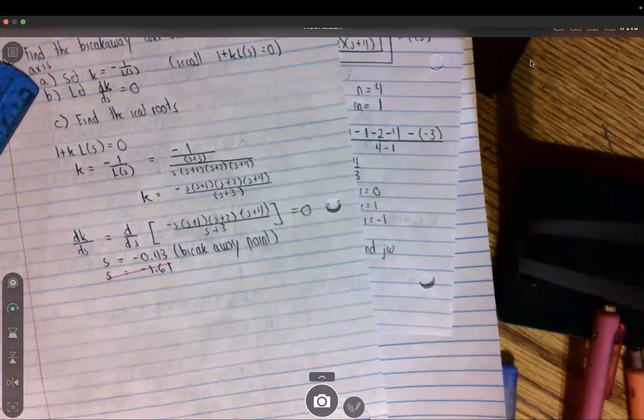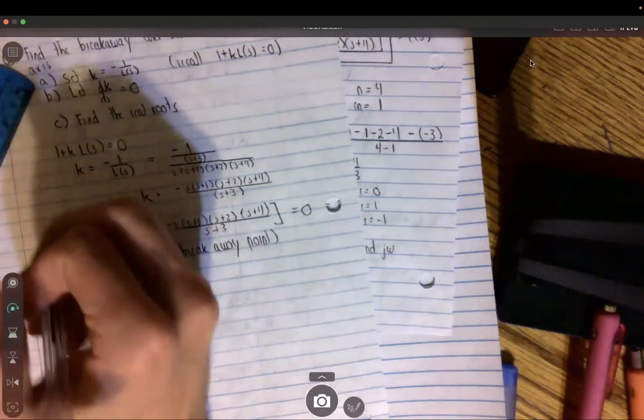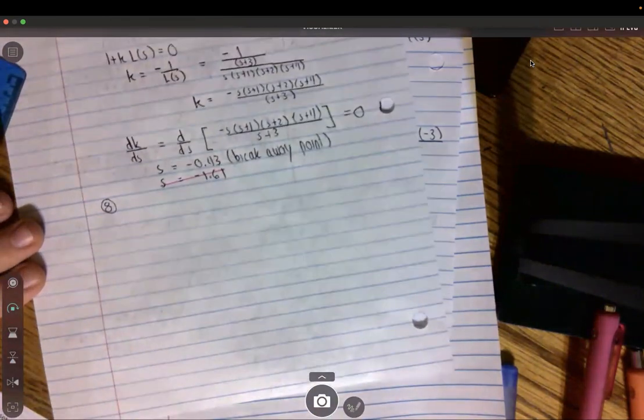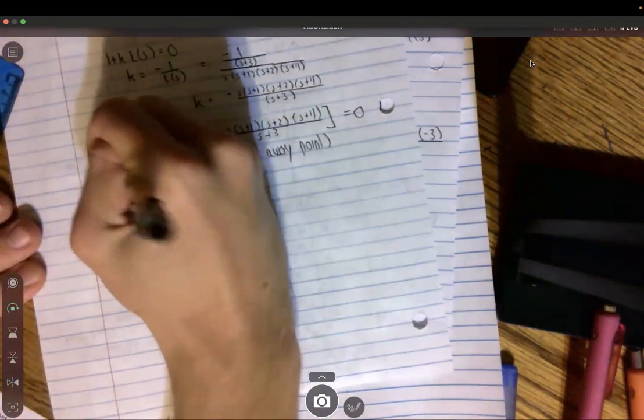Okay, now that we talked about that, once you have your breakaway and break-in points, the last one we care about a lot for our rules is how we determine the angle of departure and the angle of arrival. That's the last rule, number 8: the angle of locus departure and the angle of locus arrival.